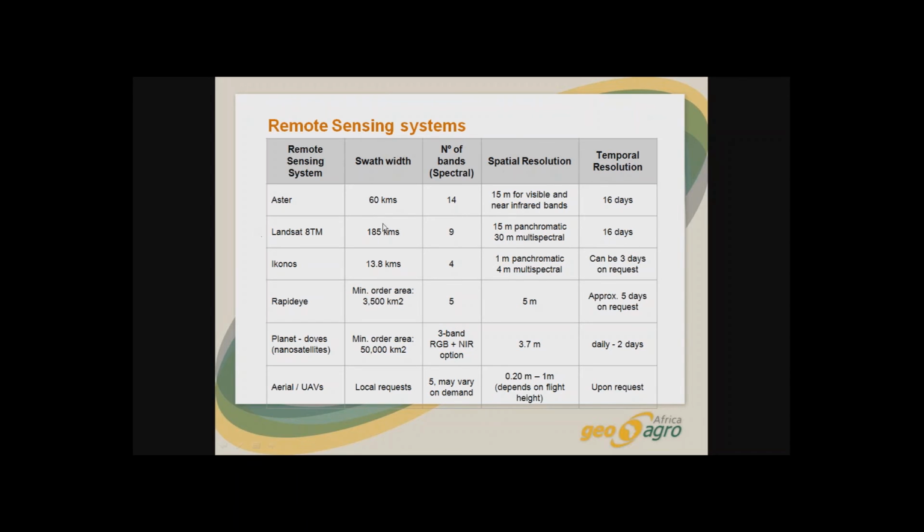Now, this is public domain. You can download this image, you can process it. What GeoAgroAfrica does is just make it automatic and much faster, because otherwise it would be very difficult to use, and other service providers, of course. Now, if you're going to use commercial imagery, you're going to get much higher resolution like Ikonos, Spot 6 and 7, RapidEye in the 1 meter to 5 meter range, and then you can control more of the satellite.